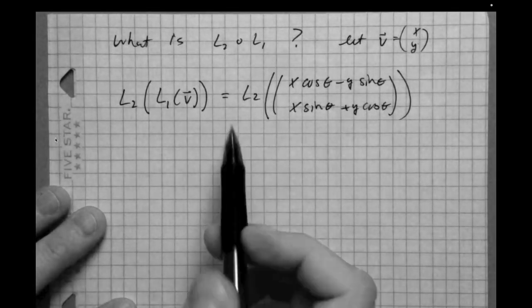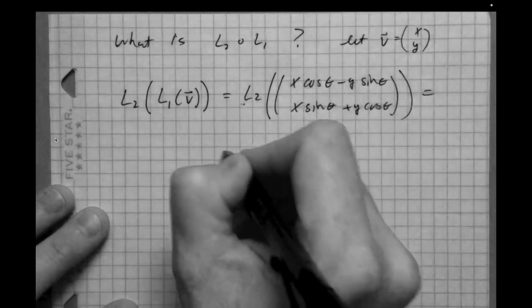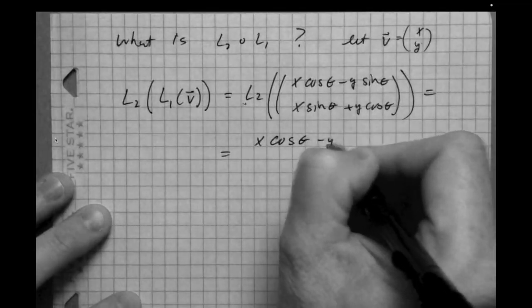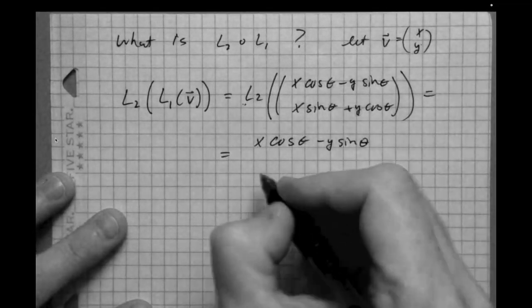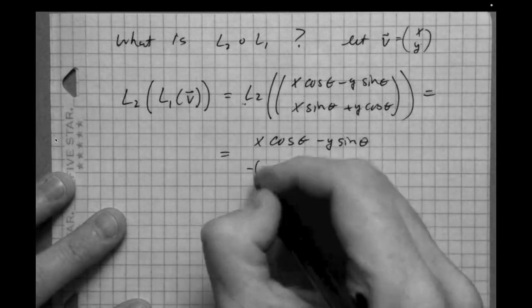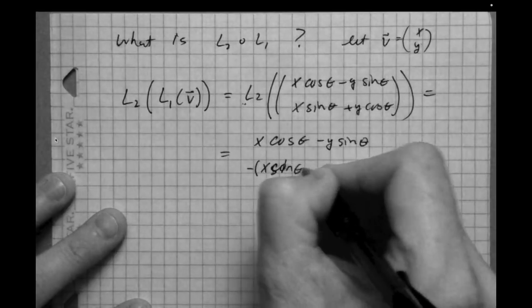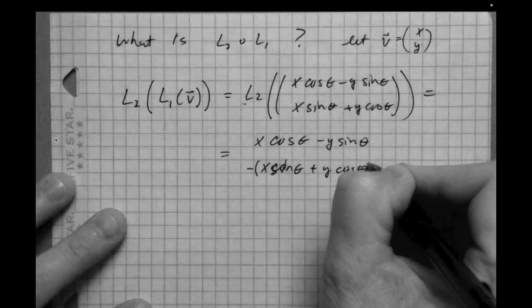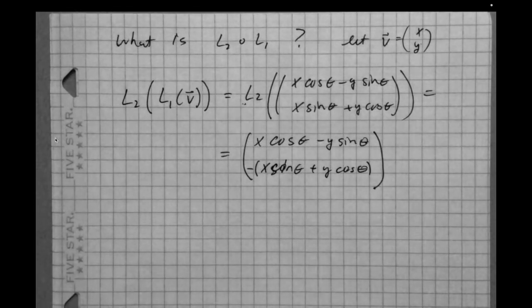And then when I further apply L2, which is the reflection, then this gets transformed into x cos theta minus y sine theta. Again, that component stays the same. The lower component gets flipped to a negative: negative x sine theta plus y cos theta. Right? And so this would be the composition L2 composed of L1.